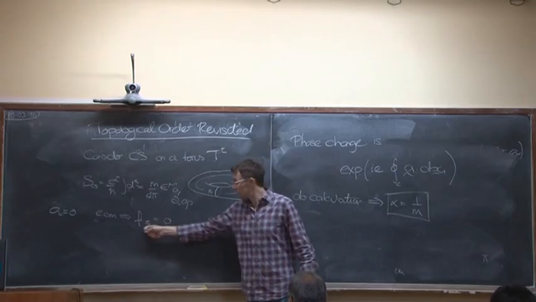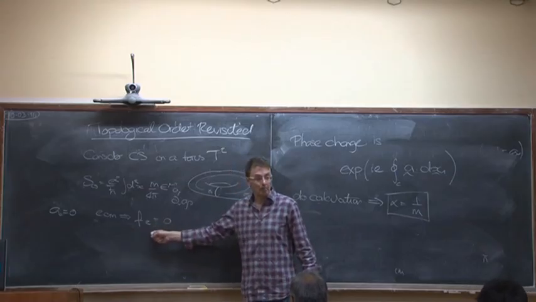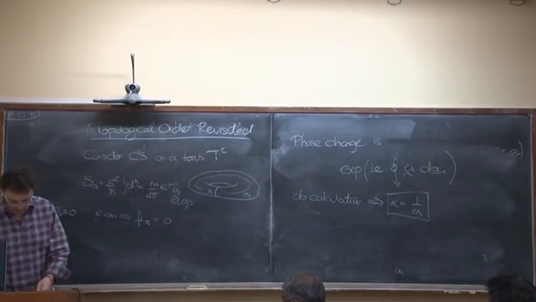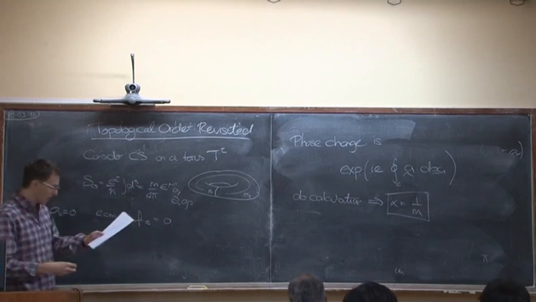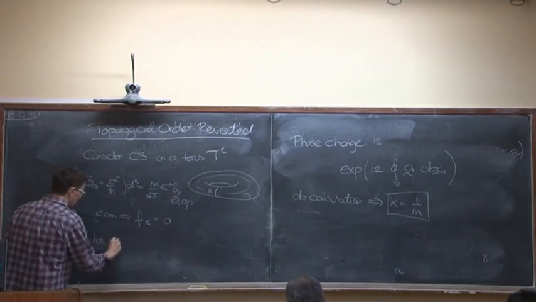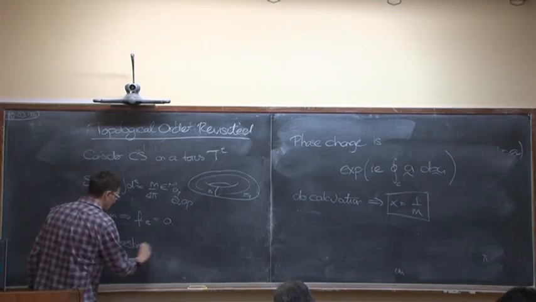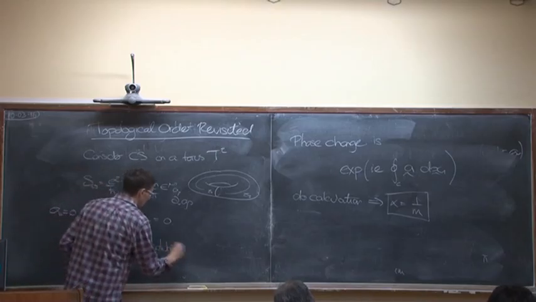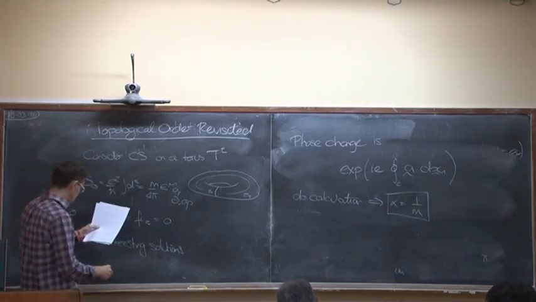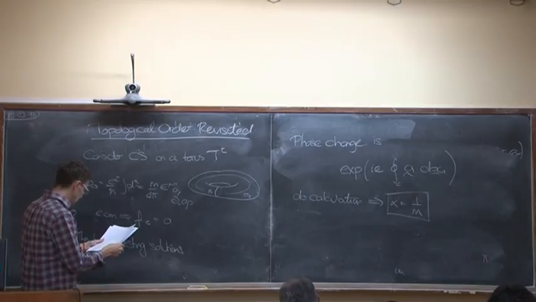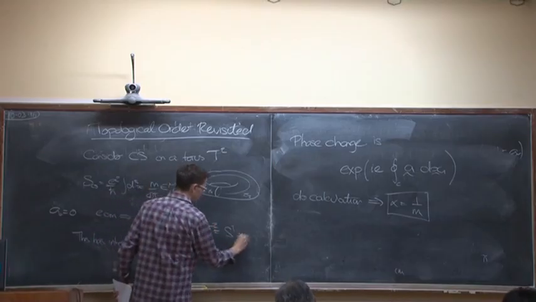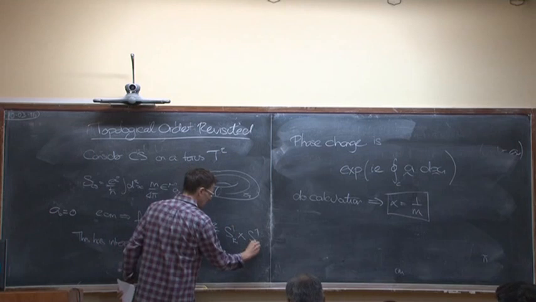Here it's much easier, so I'm just going to find all the solutions and then quantize them. So let me first find the solutions, then I'll talk about quantization. So this has interesting solutions. I'm going to call the torus S1 times S1, and I'm just going to give names to the periodicities.